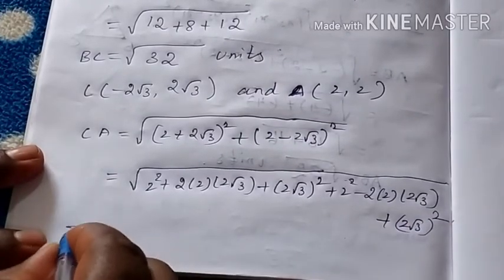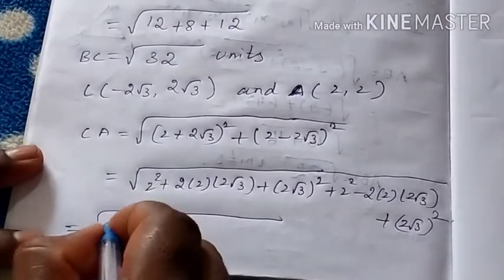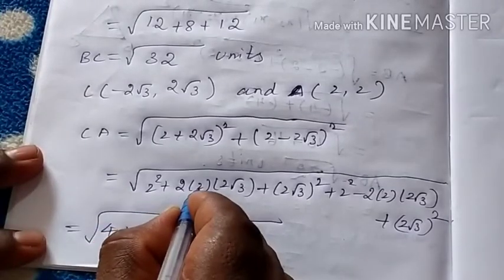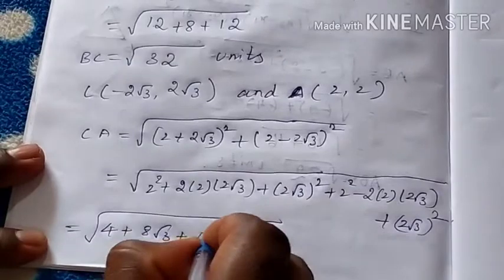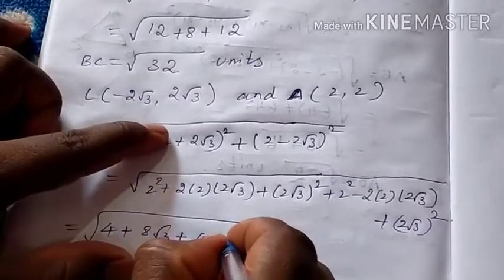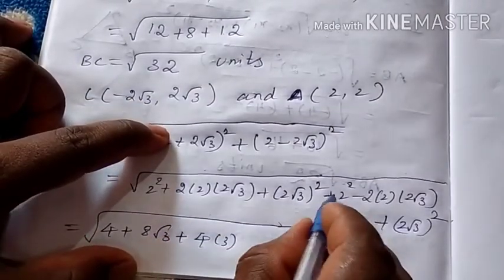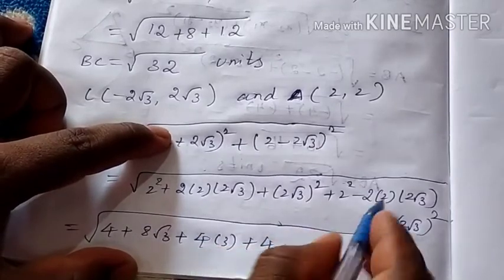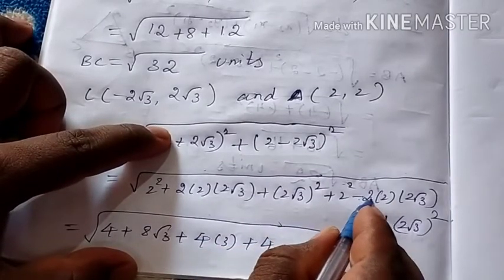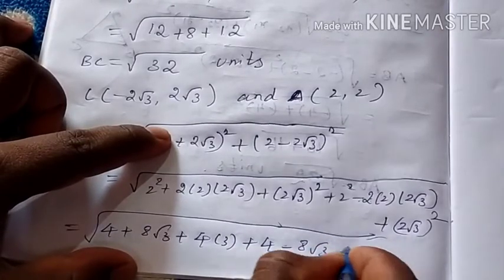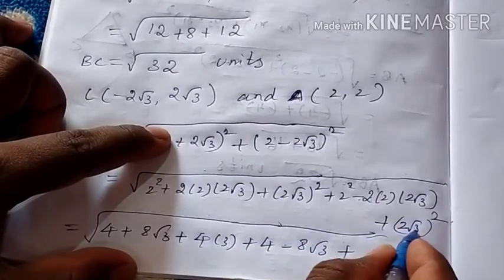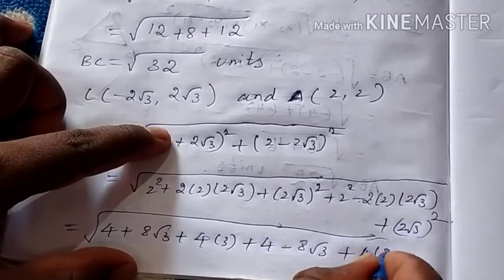This is equal to the square root of 2 square is 4, plus 2 2s are 4, 4 2s are 8 root 3, plus 2 square is 4, root 3 square is 3. Plus 2 square is 4, minus 2 2s are 4, 4 2s are 8 root 3, plus 2 square is 4 and root 3 square is 3. 4 into root 3.